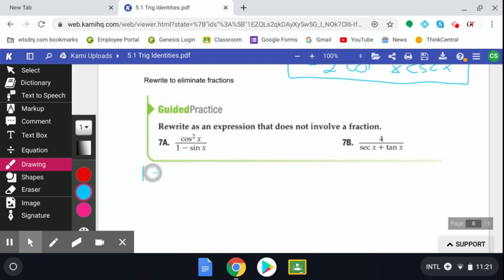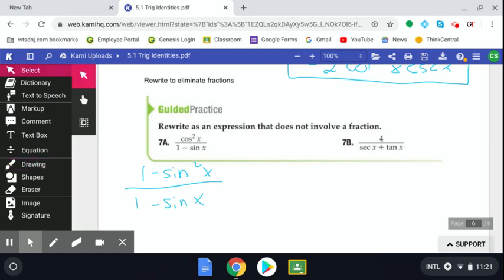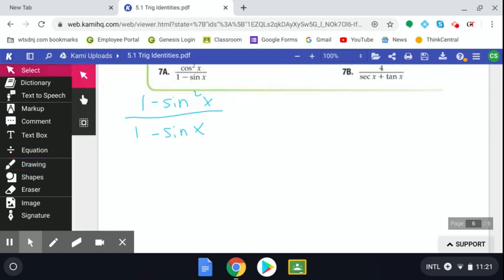So 1 minus sine squared x over 1 minus sine x. And now I know that I can factor 1 minus sine squared x because that's the difference of two perfect squares. A lot of algebra 2 stuff here in this section.